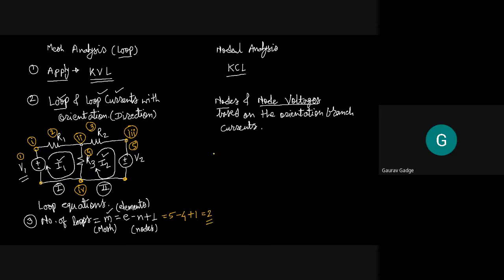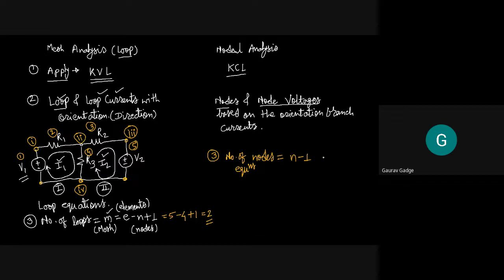Similarly, for the number of node equations, the equation is number of node equations equals N minus 1. In this particular case, how many nodes are present? The number of nodes is 4, right?